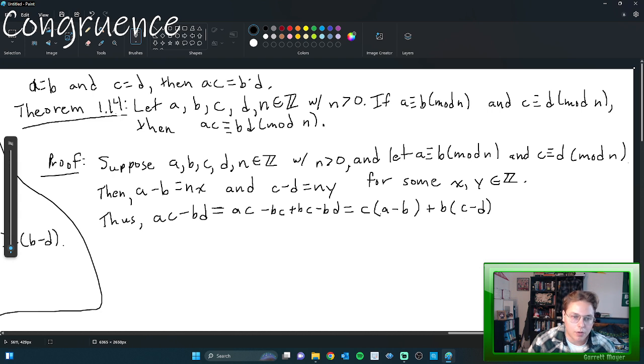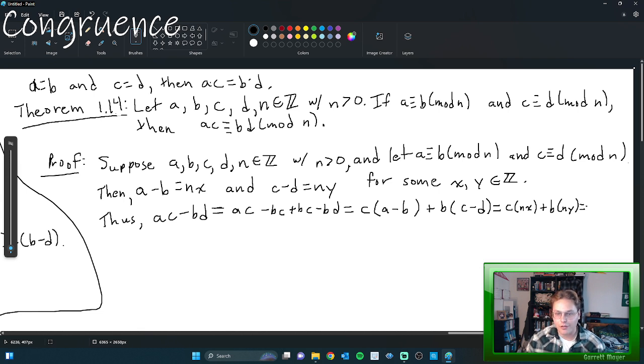Okay, why is this helpful? Well, notice that this A minus B and the C minus D are the terms that we've come up with some equivalent form of that contains n. So what we have here is C times nx plus B times ny. And now both of these terms contain an n.